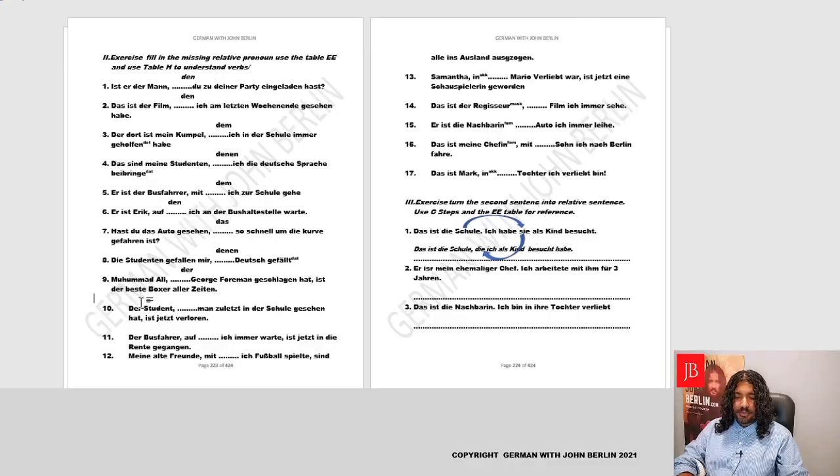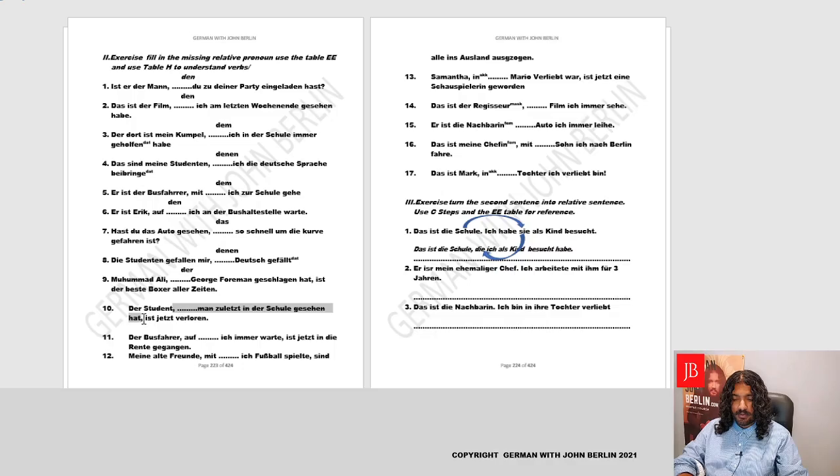Okay. Der Student, das man zuletzt in der Schule gesehen hat, ist jetzt verloren. Okay. Now, let's find out. It's the student, whom one has seen in the school last, is now lost. Now, let's look at the relative sentence in the middle here.